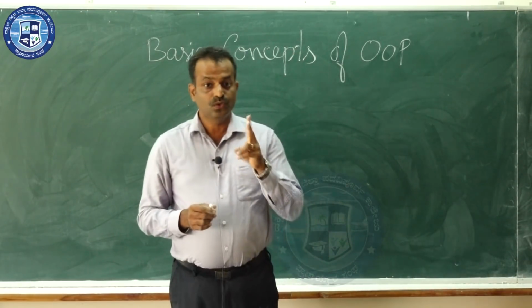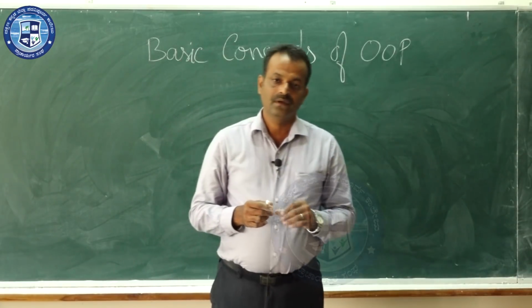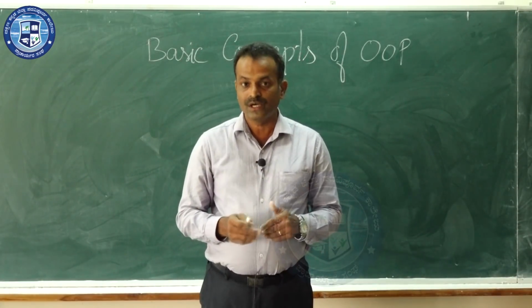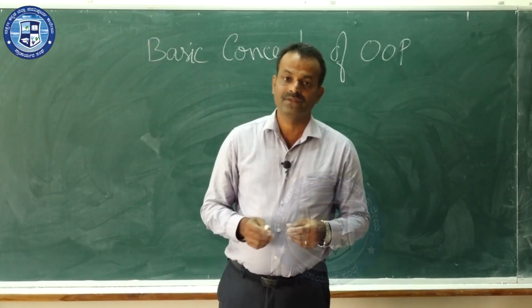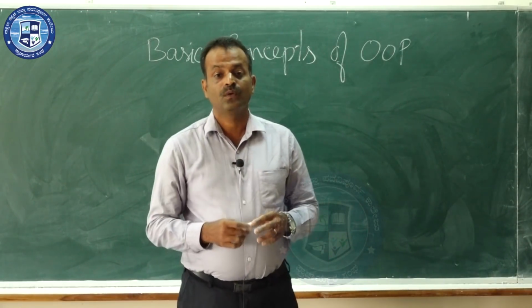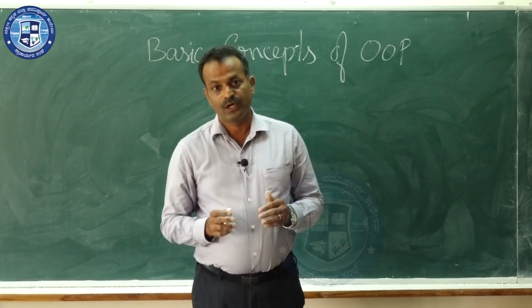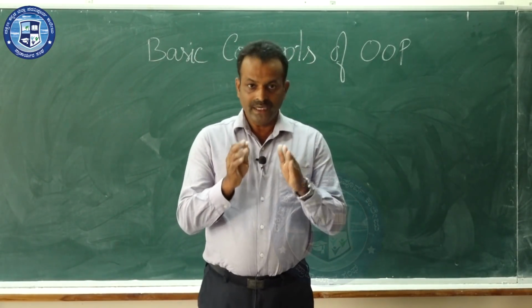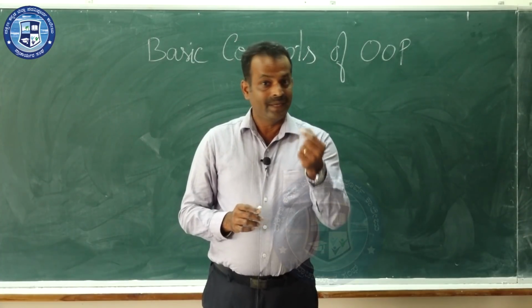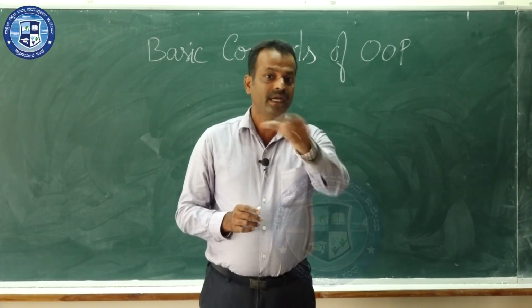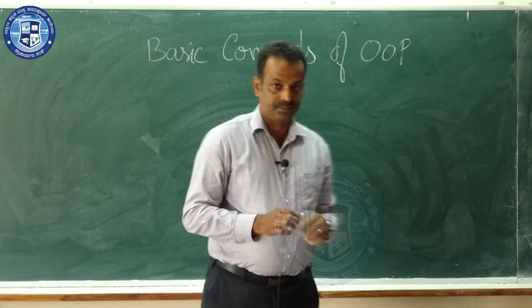There are two types of overloading. One is operator overloading and the second one is function overloading. What do you mean by operator overloading? In operator overloading, you are making an operator operate upon a new type.